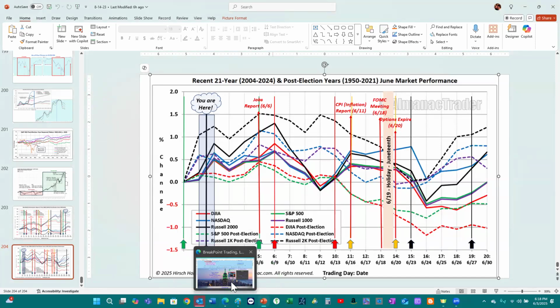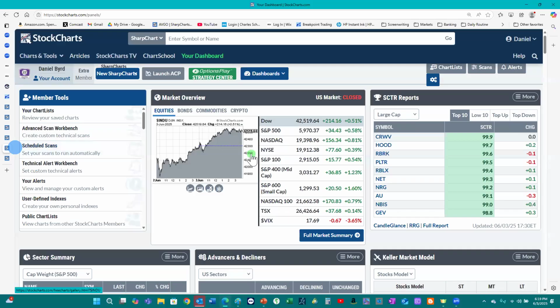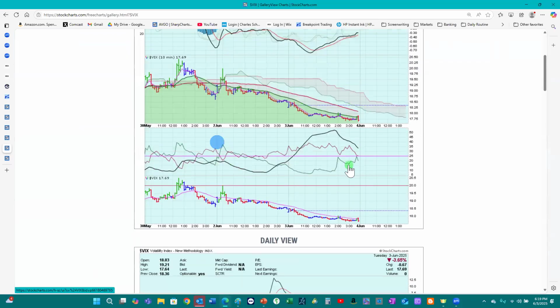So let's go back over here and take a look at the dashboard. So the dashboard, all of the equities did well today. There's the Dow, S&P 500 went up and then sideways. NASDAQ 100, same thing. The VIX, it's not showing the VIX, but I can click on it and see the VIX.